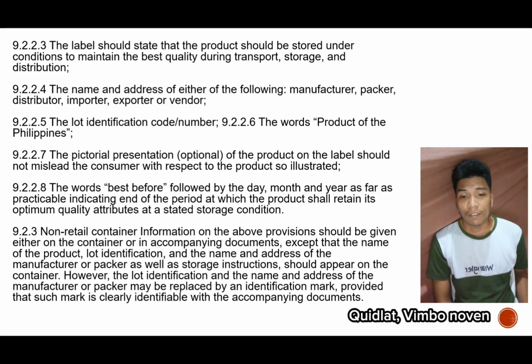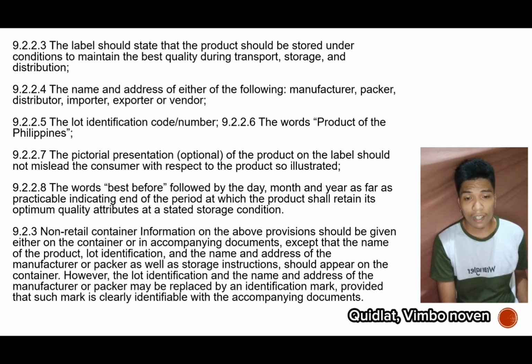Non-retail container information on the above provisions should be given either on the container or in accompanying documents, except that the name of the product, lot identification, and the name and address of the manufacturer or packer, as well as storage instructions, should appear on the container.